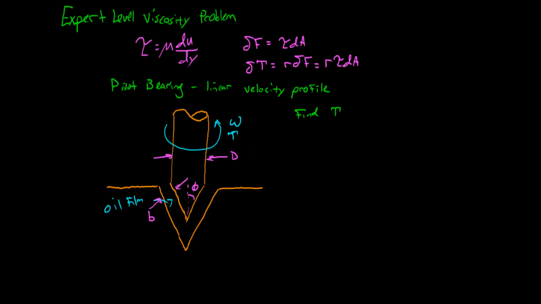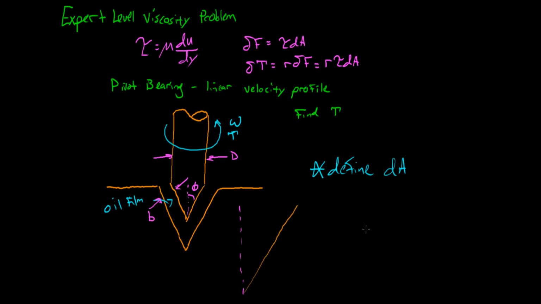Okay, so where we're going to start is by defining dA. And this really is the crux of the problem. So I just want to zoom in on this region to make it easier for us to visualize. Here's the center line of our spindle, and the wall of the spindle comes up at an angle.